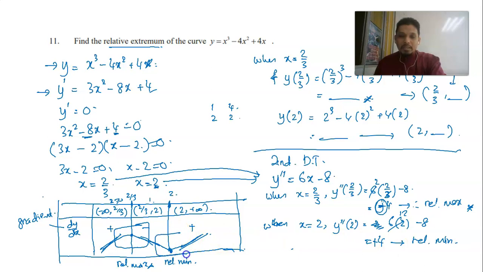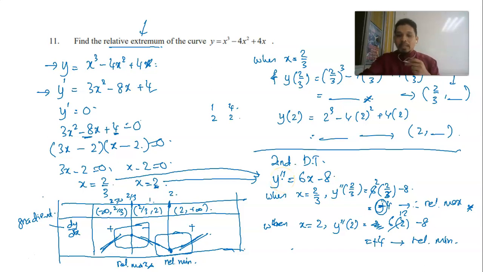You can see here is a relative minimum. So we determine whether it's a relative extremum, maximum or minimum, using the first derivative test with the table or the second derivative test. Substitute the value of x from the first derivative into the second derivative of y.